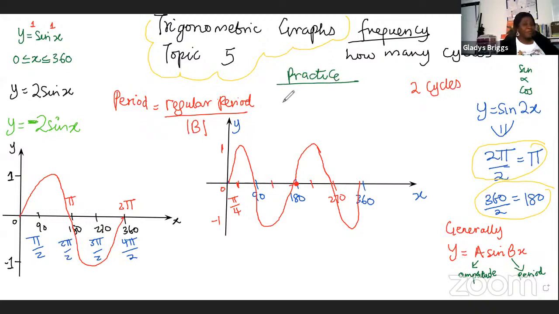The graph of y is equal to 2 sine 3x, okay? Remember, this is going to be the amplitude and this is going to be the period, yeah? And then you need to know how many cycles you're going to do to create sine 3x, okay?